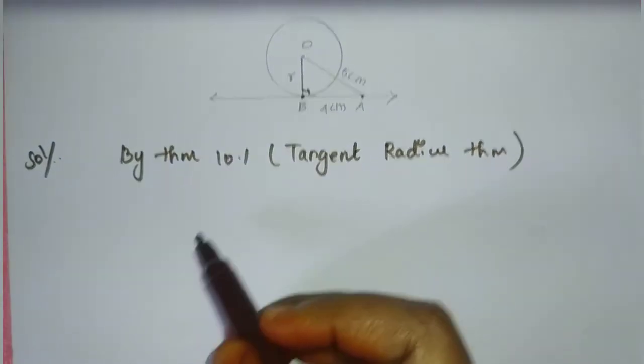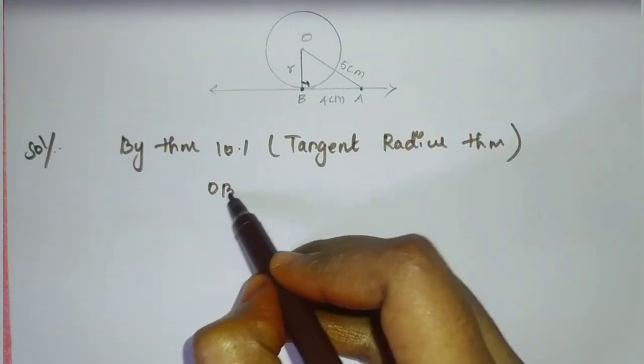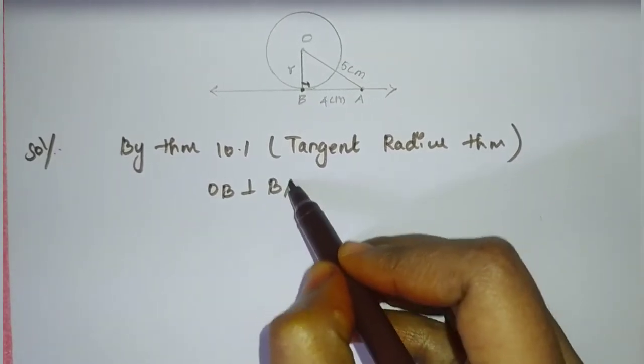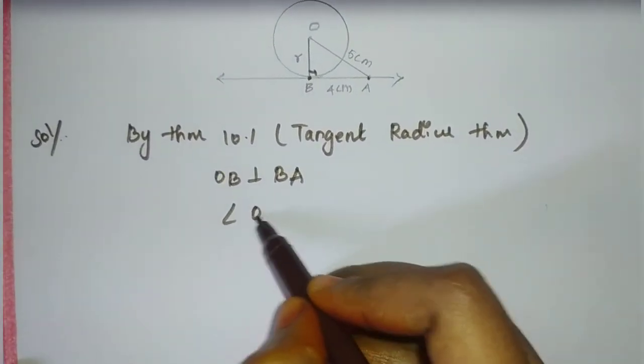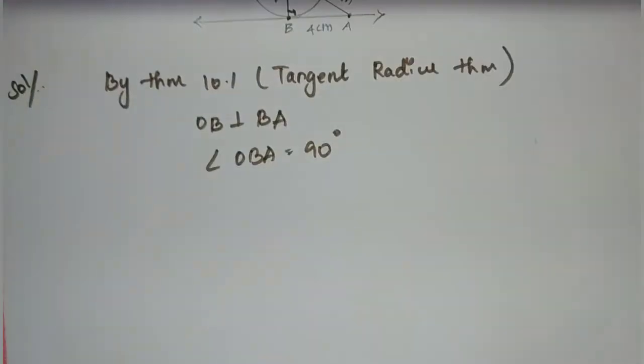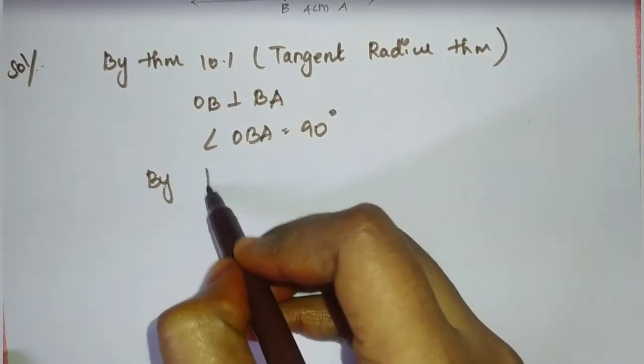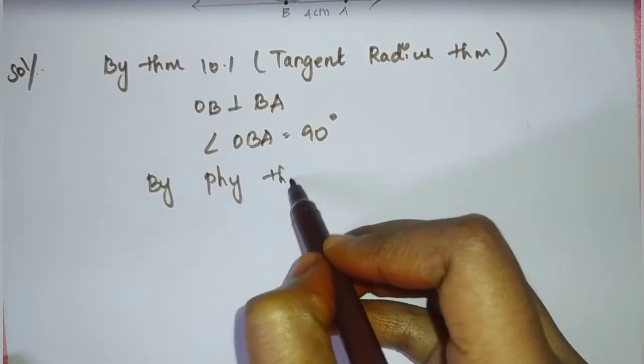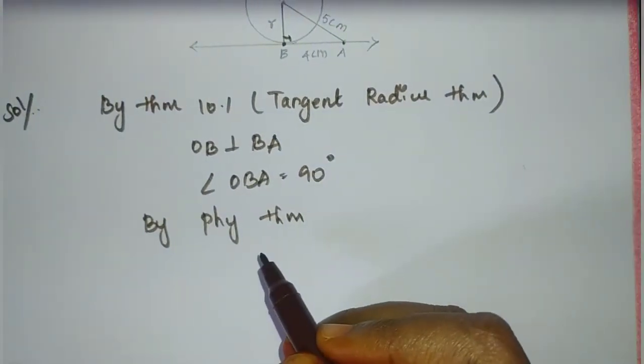We can tell that OB is perpendicular to BA, that angle OBA is equal to 90 degree. So, by Pythagoras theorem, we can find the missing side.